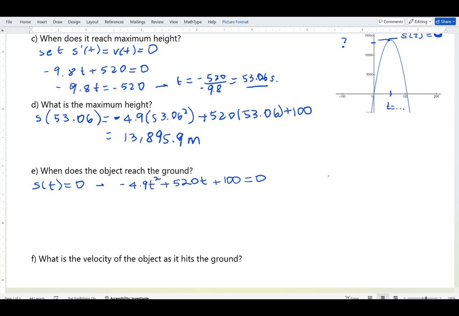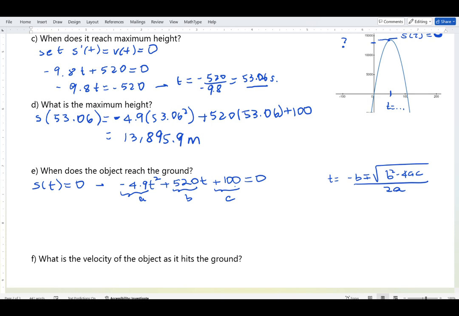Let me remind everybody, with the quadratic formula, you have negative of b plus or minus square root of b squared minus 4ac all over 2a. And of course, this is your a right here, this is your b, and this is your c.